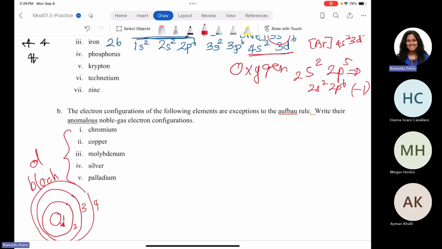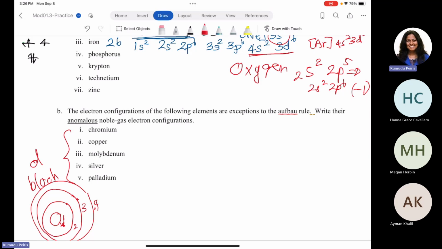So according to the Aufbau rule, all the electrons should be filled into the orbitals in energy level 1, next energy level 2, energy level 3. But the problem is, before electrons fill into 3d, they will be filled into 4s.